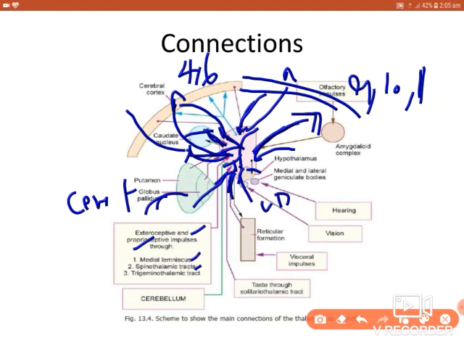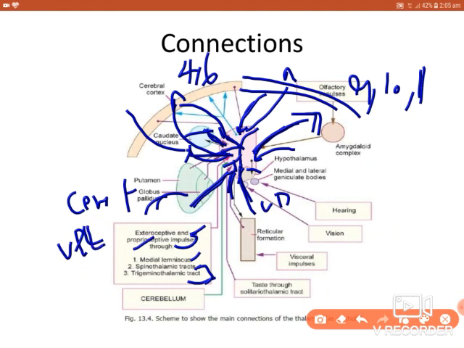The ventral posteromedial nucleus receives exteroceptive and proprioceptive impulses through the trigeminothalamic tract.